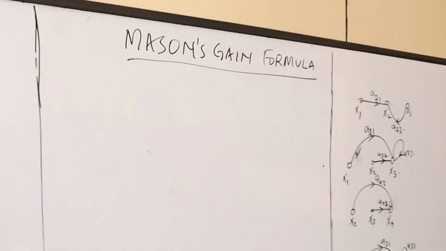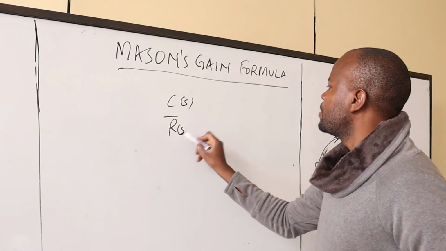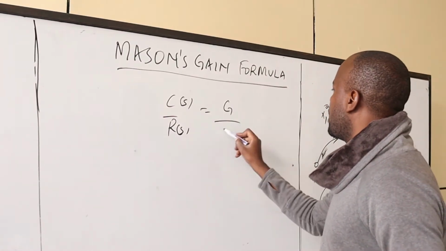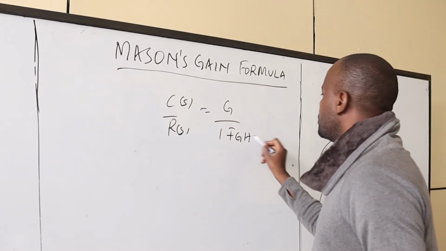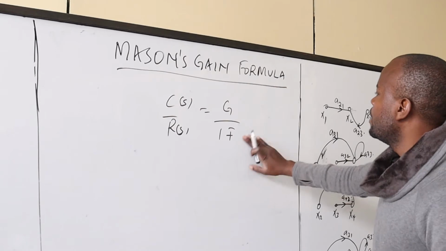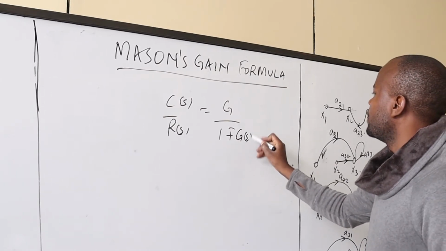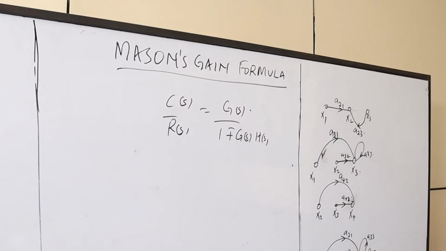From the block diagram, we know it is given as C(s)/R(s) = G over 1 minus or plus GH. Of course, all these are in the frequency domain, and that is how we obtain the transfer function.